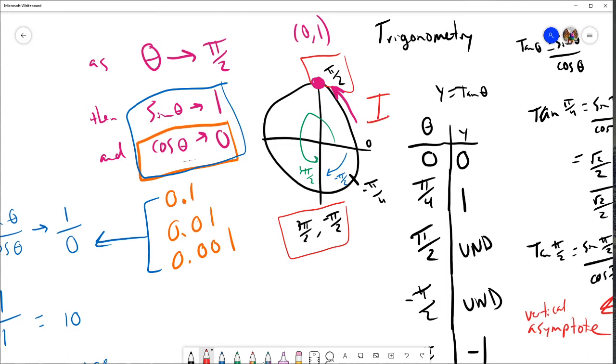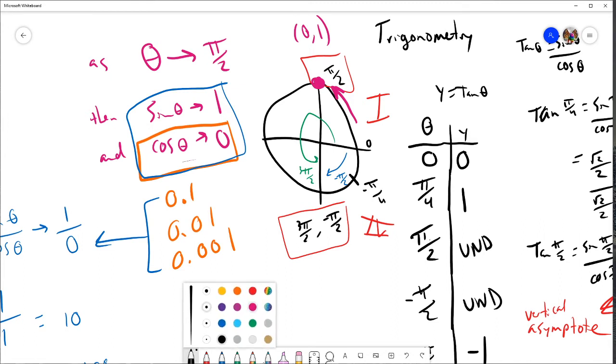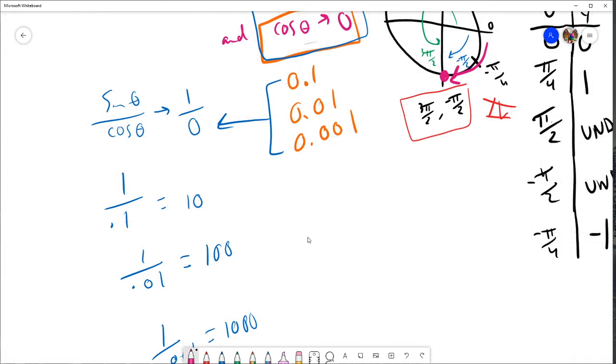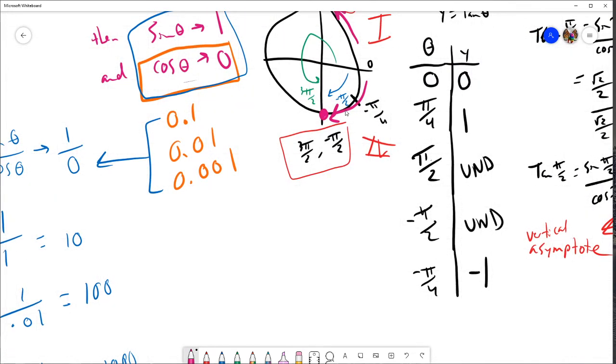That's important because two previous videos ago, we talked about how tangent is positive in quadrant 1, but tangent is negative in quadrant 4. So as we get closer and closer to negative pi over 2, so we're going this way now, that means our ratio here that's getting infinitely larger is now negative, because sine is negative down here, and a negative number divided by a positive number is still negative.